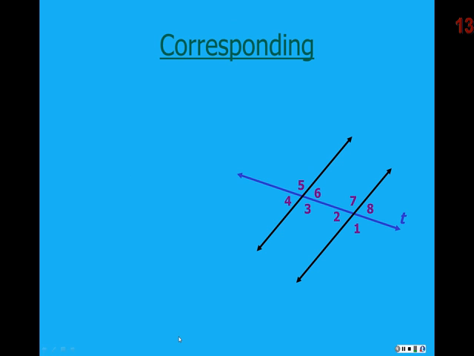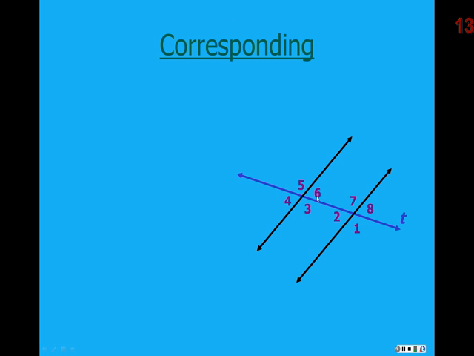Okay, who remembers what corresponding angles are? And a transversal. You need to split the transversal in half and pick up these angles and throw them on top of these angles. Corresponding.